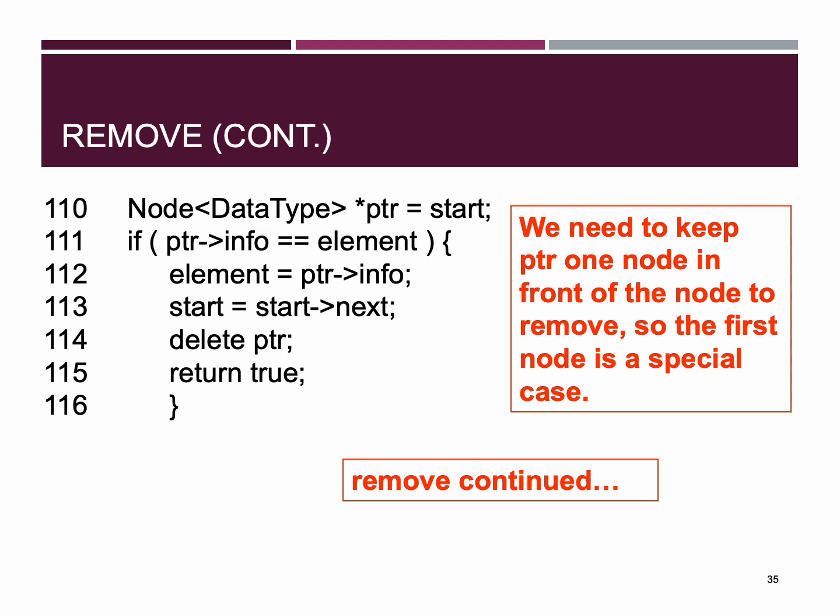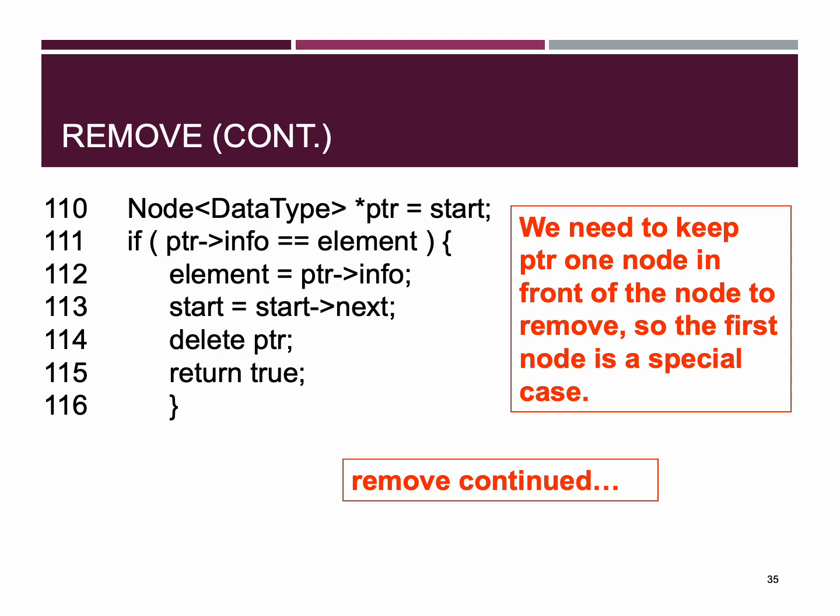Now we create a pointer ptr and set it to the start of the list. The function then checks if the info field of the node pointed to by ptr matches the element we want to remove. If the first node is the one to be removed, we assign its info to the element parameter to return the data.